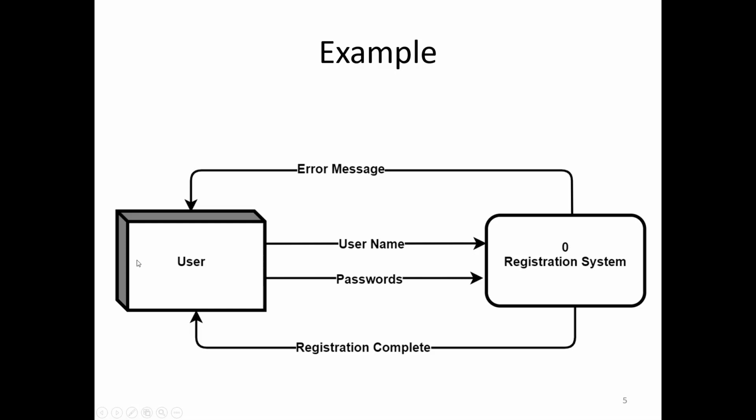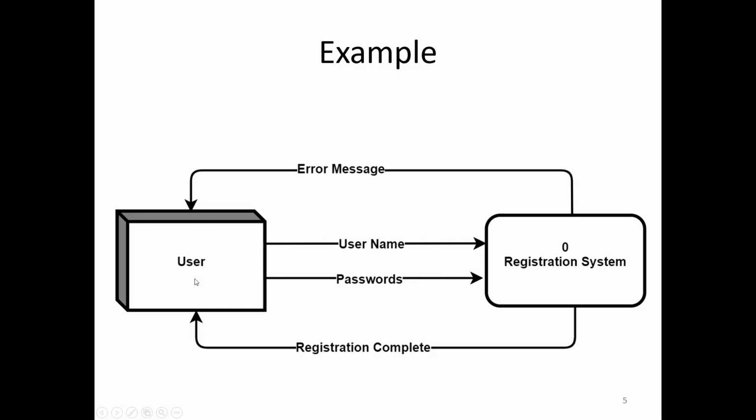Also, we have an external entity, which is called user. This context diagram also includes all of the communications between this external entity and the system. So as you can see, the user needs to provide her username and also password to this system. And also, the system provides feedback information to user.